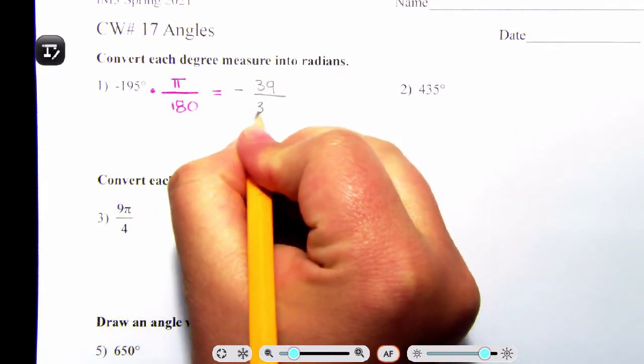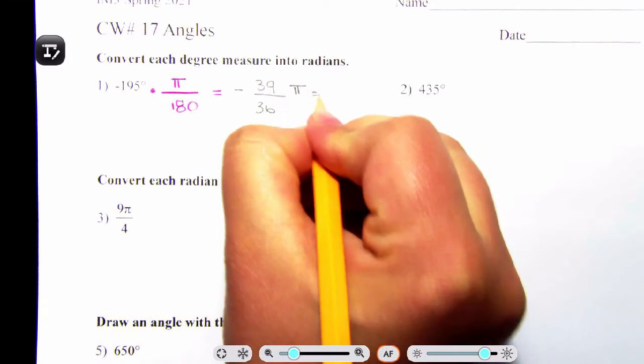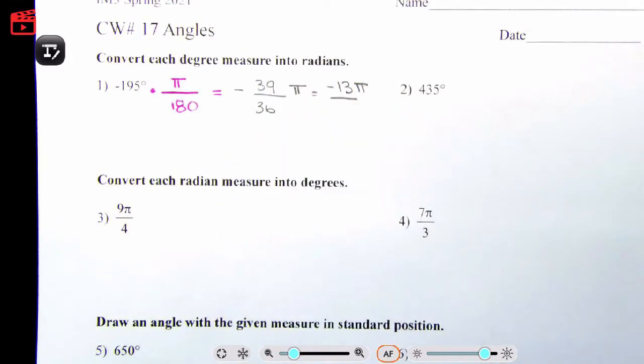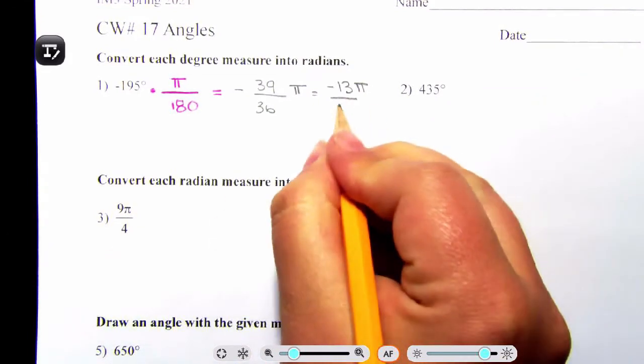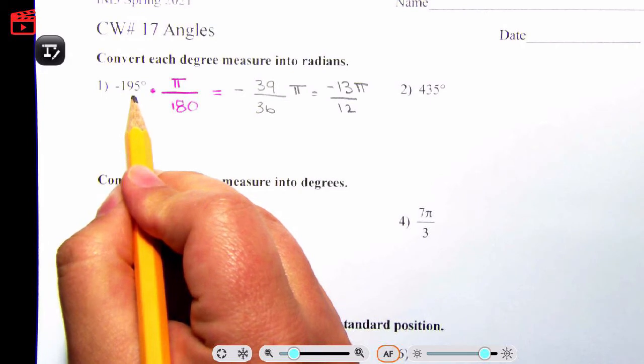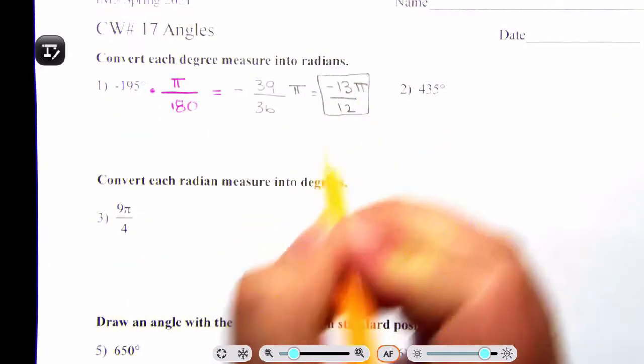And I feel like I can simplify that more. 39 divided by 3 is 13. Don't forget your negative. And 36 divided by 3 is 12. So the degree measure of negative 195 is the same as negative 13 pi over 12 radians.